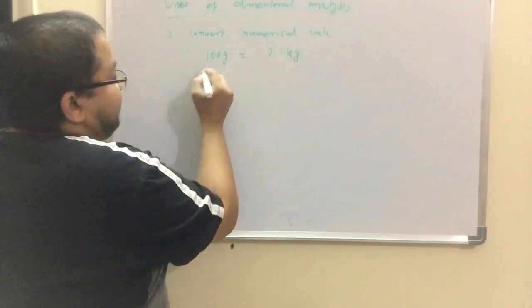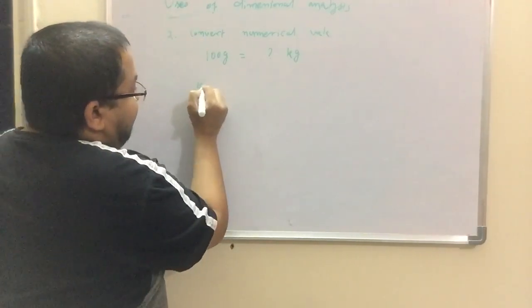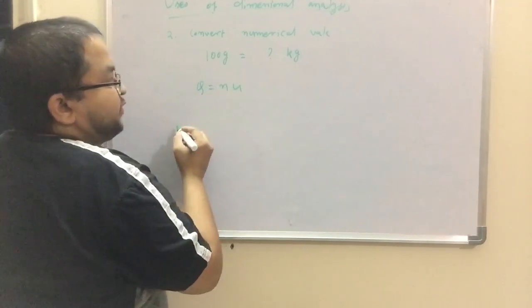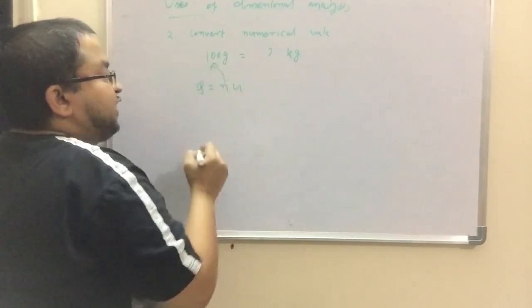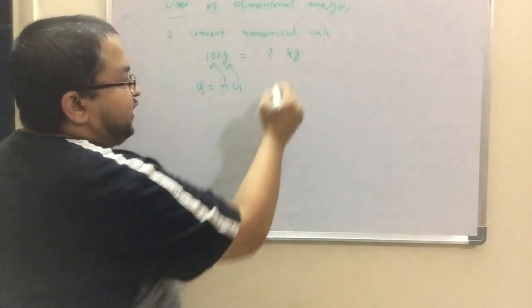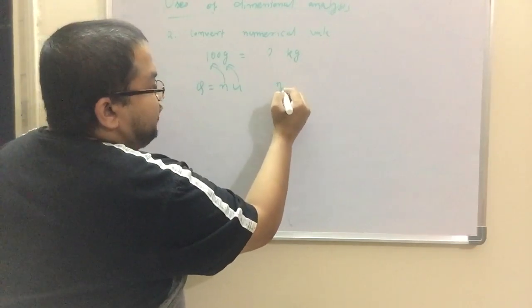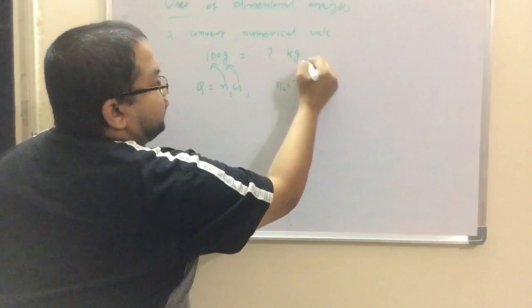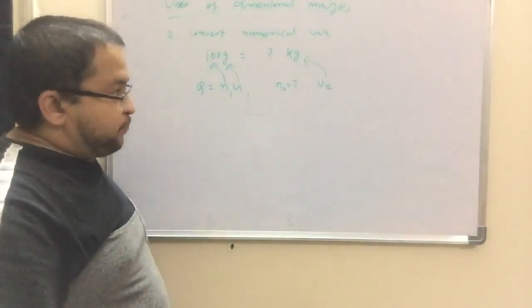All that I am changing is, as we have seen the other day, any physical quantity Q equals numerical value times units. So here numerical value was N1, unit was gram. Here your numerical value N2 we need to find out. And U2 is your kilogram.